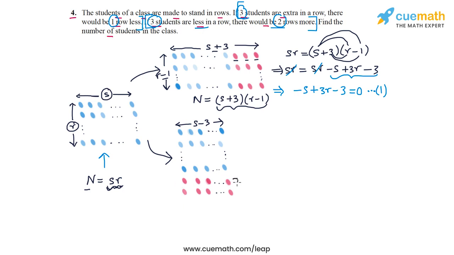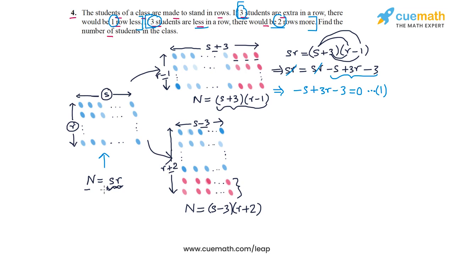You can see that 2 more rows have been added, which means the new number of rows is R plus 2. What still does not change is the total number of students. So N is equal to S minus 3 times R plus 2.